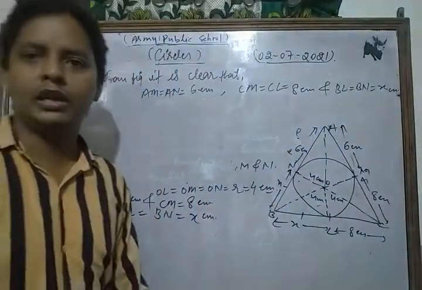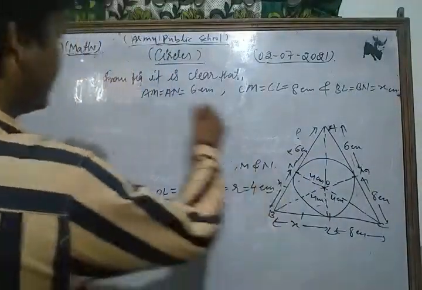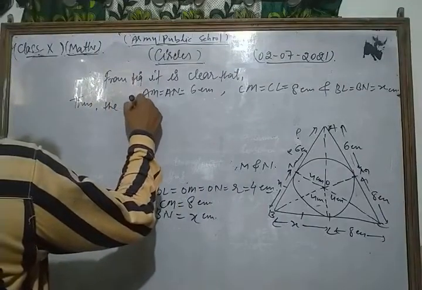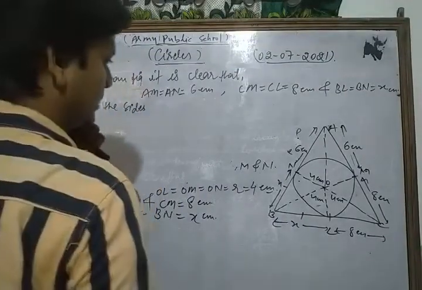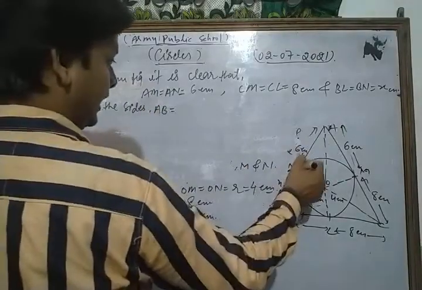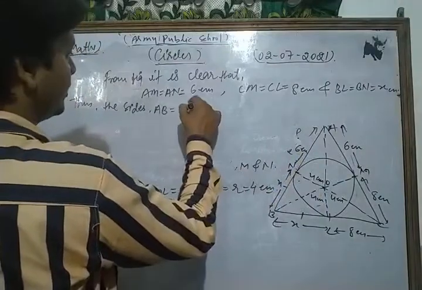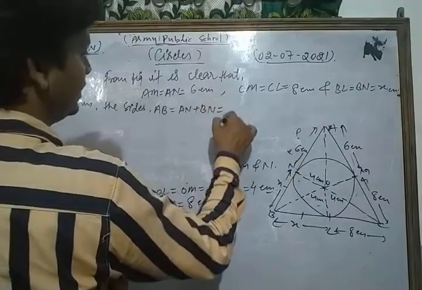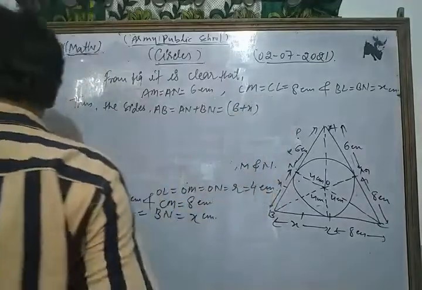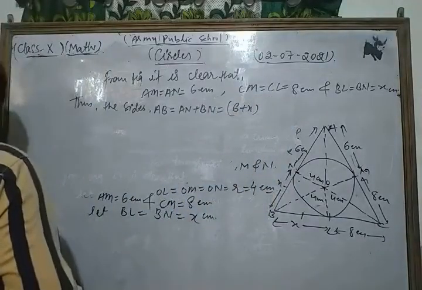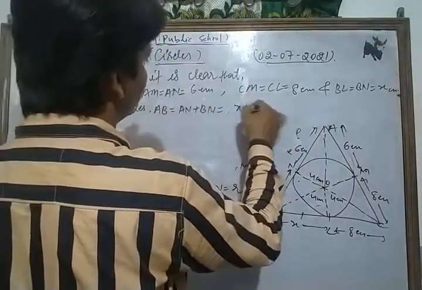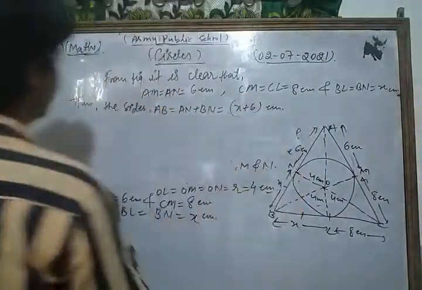Thus the side AB is AN plus BN, which is 6 plus x, or x plus 6 centimeter.